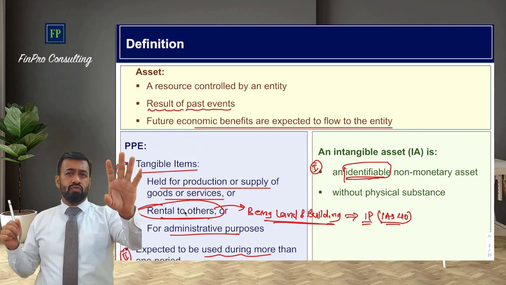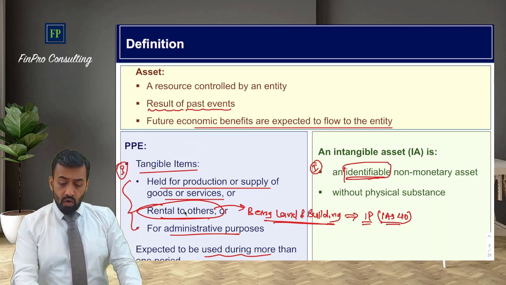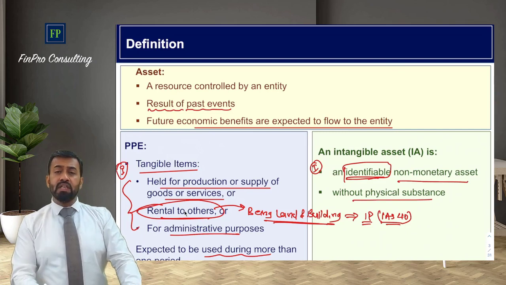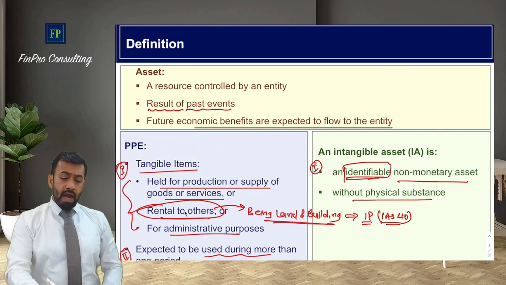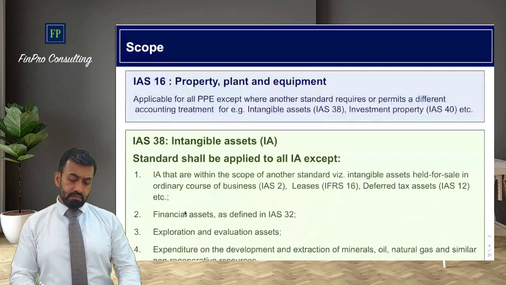Whatever language you use, you must have identifiable as one word, non-monetary asset, and without physical substance as these 3 words, and the explanation of identifiable. What is the explanation of identifiable?